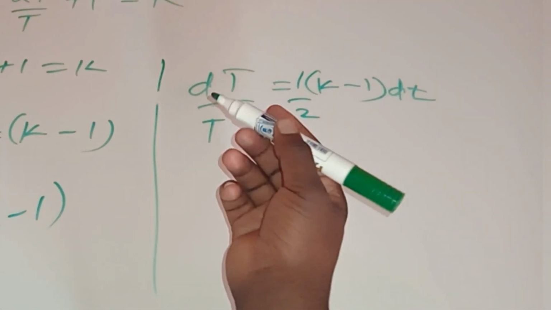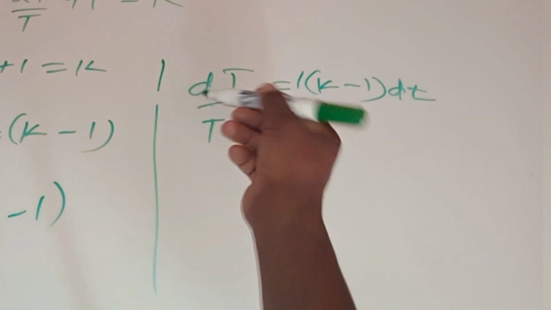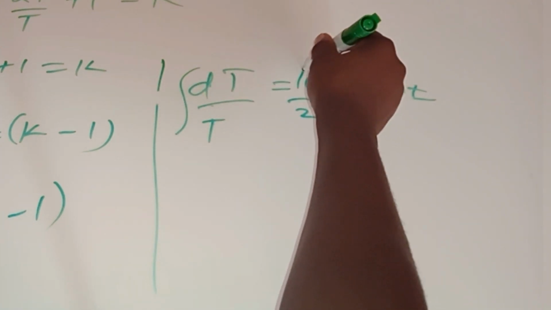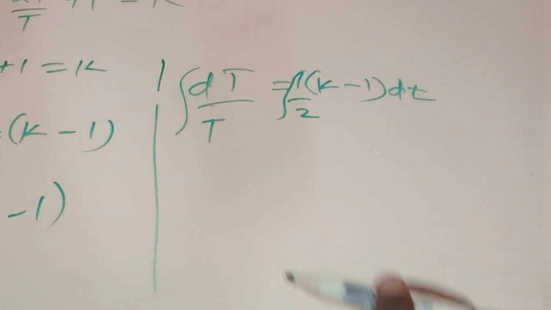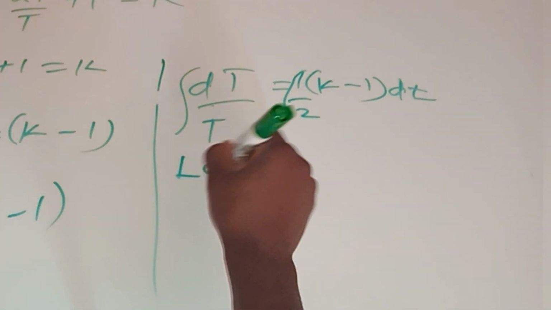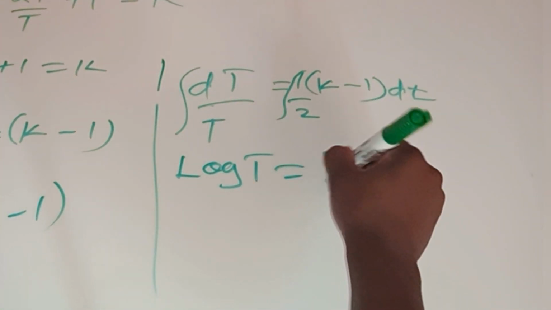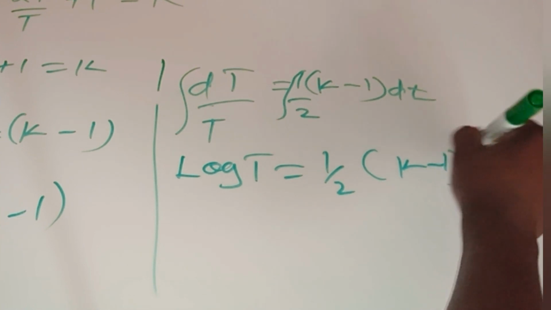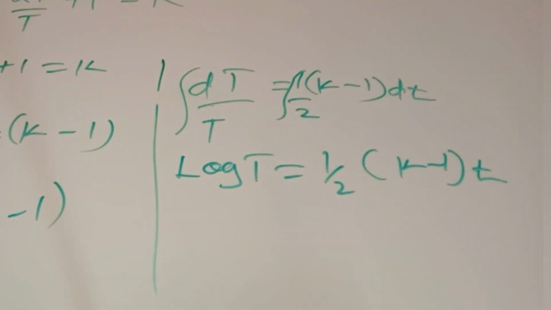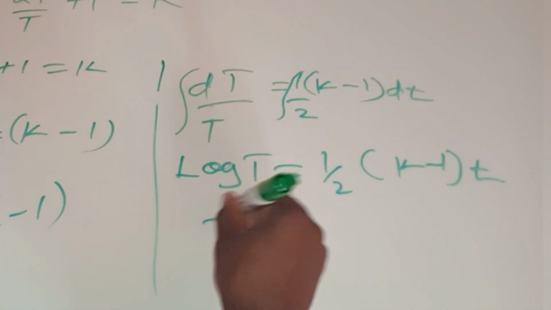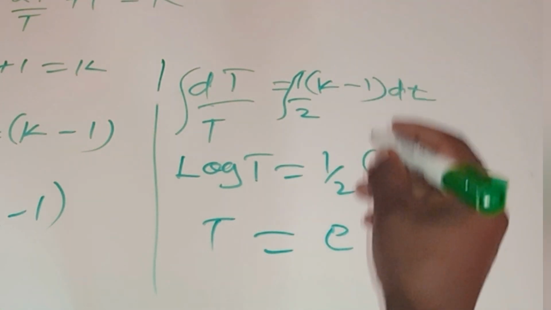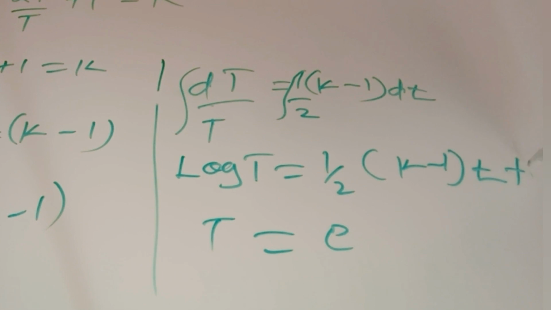And then integrate on both sides. So log t is equal to half of k minus 1 times t. So t is equal to e to the power, plus c. C is a constant of integration.